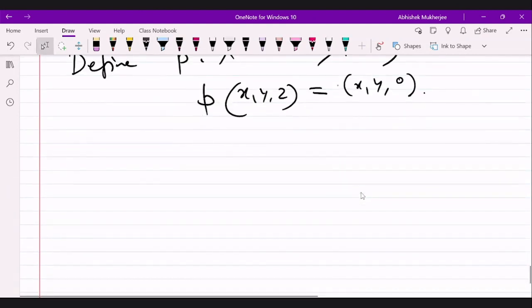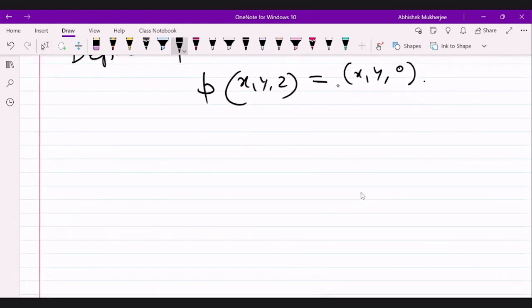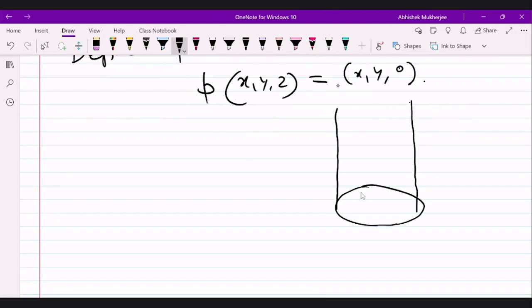Why? Because, letting me draw the picture here, suppose it is P and this is P star.